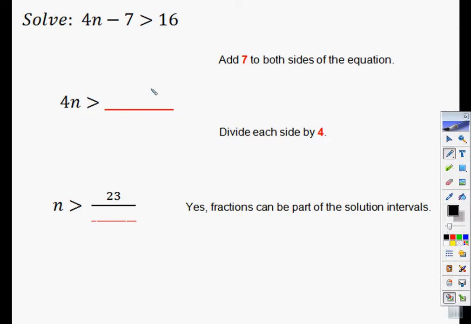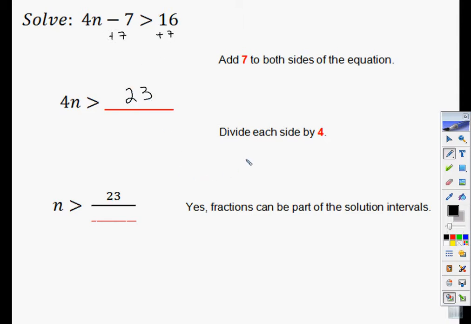Now, let's do this one together. We have steps here to show you that we're going to be using more than one step to isolate the variable. First of all, we're going to have to add 7 to both sides. So we're going to have 4n is greater than 23.